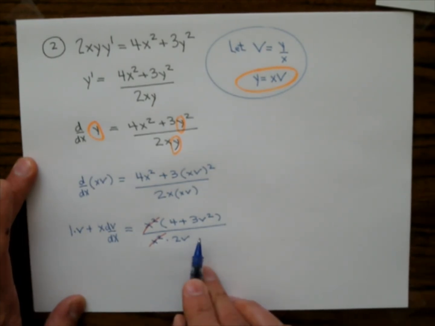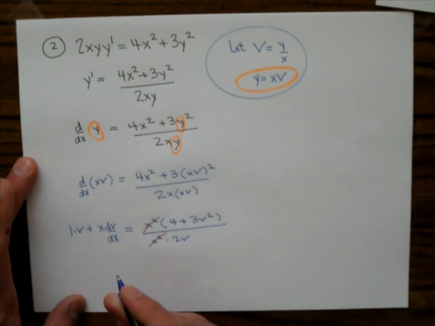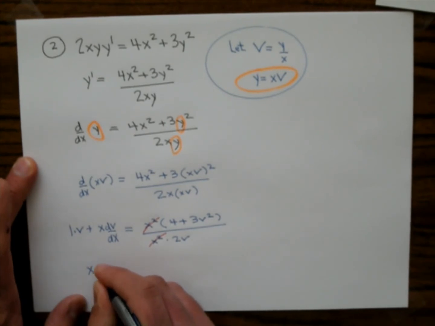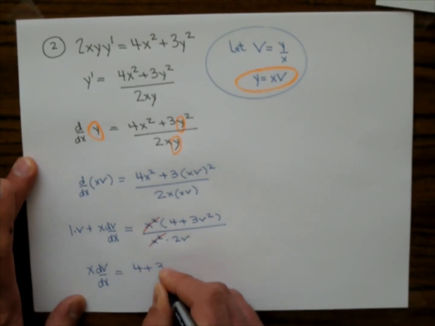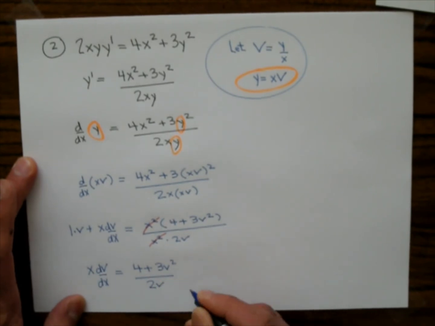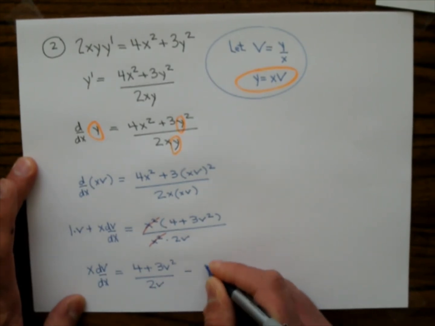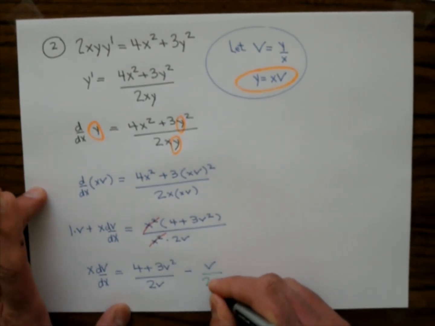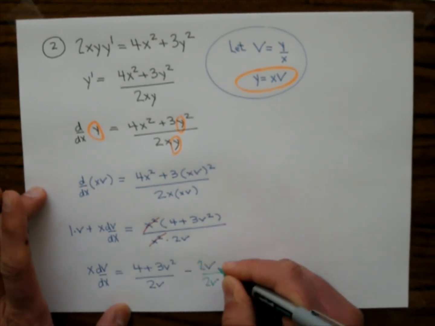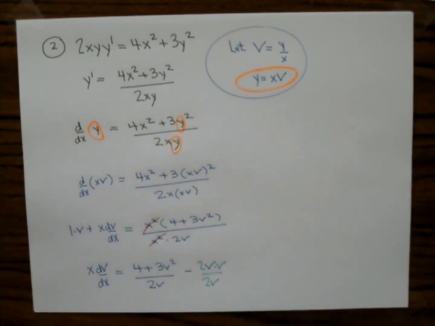With this expression, I'm going to go ahead and subtract the v. Okay, so it's kind of similar to the last problem. dv/dx times x, and then we have (4 plus 3v squared) over 2v, and then we are subtracting a v. So I need a common denominator. My common denominator should be 2v. So for 2v, I need 2, and then here's a v.